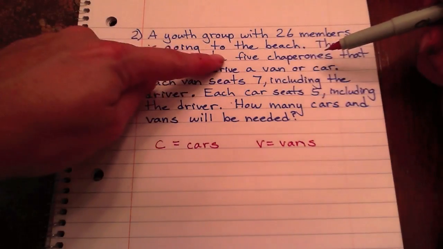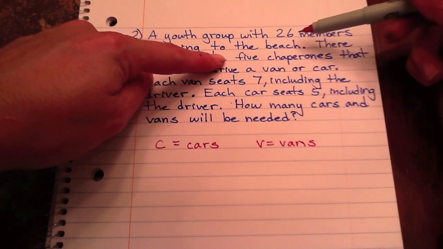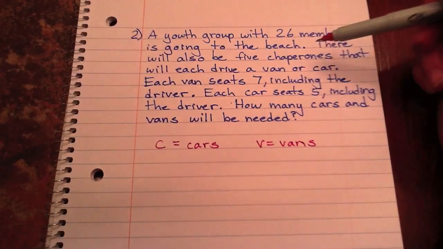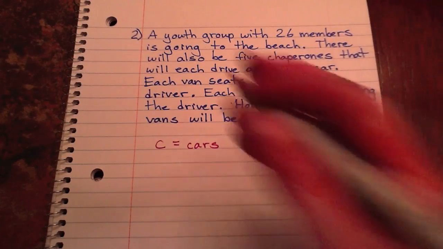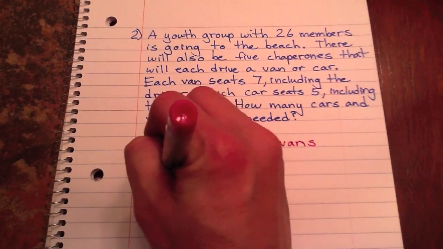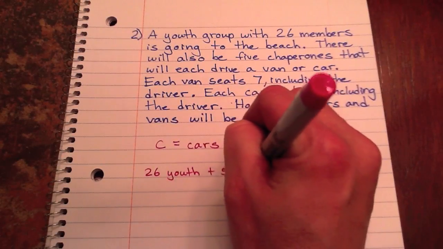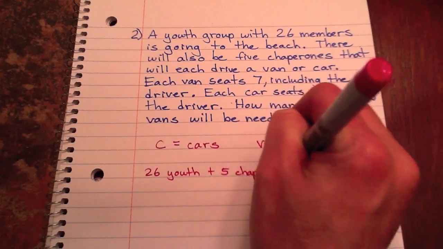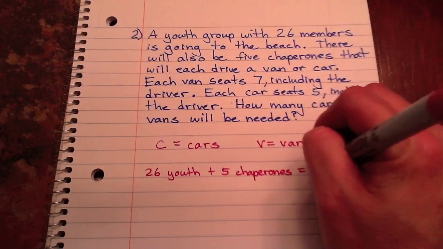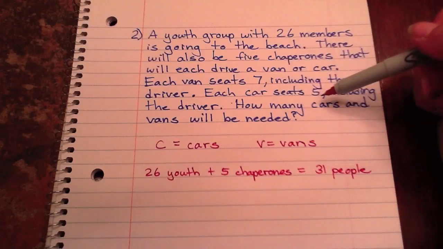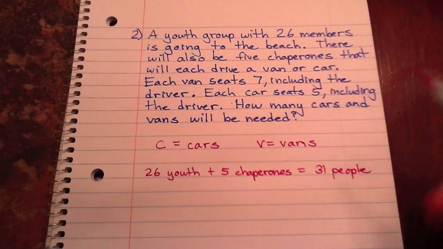We know there's 5 chaperones, so we're just going to add 5 to our total. So 26 youth plus 5 chaperones equals 31 people. Because we're talking about these numbers including the drivers, we need to include the people in our total.